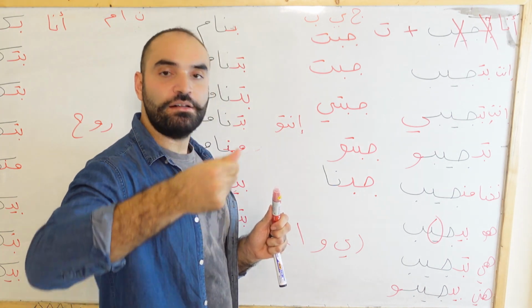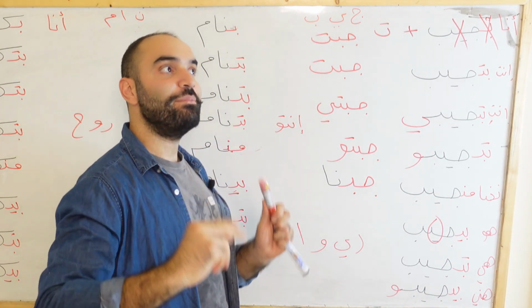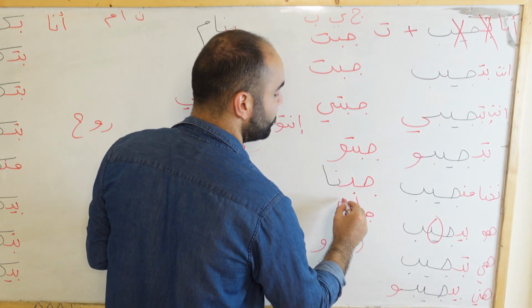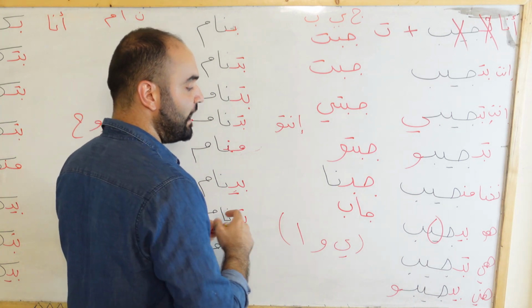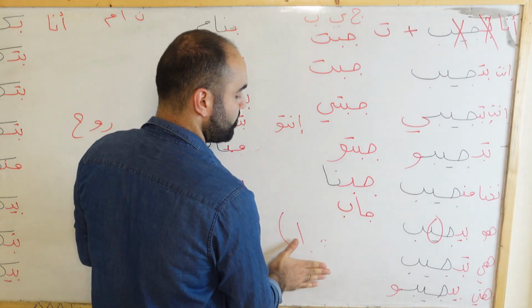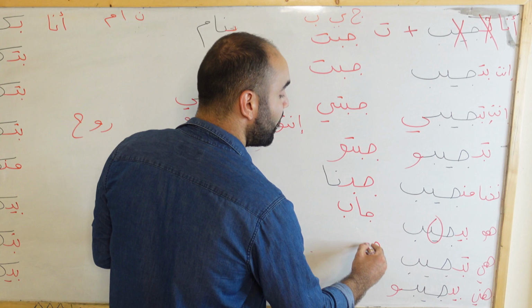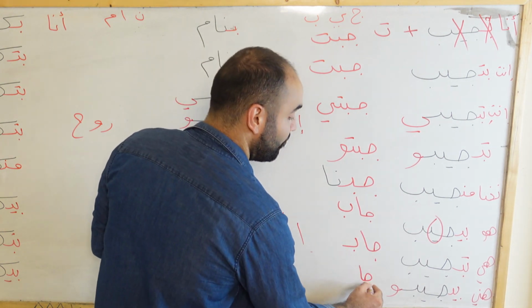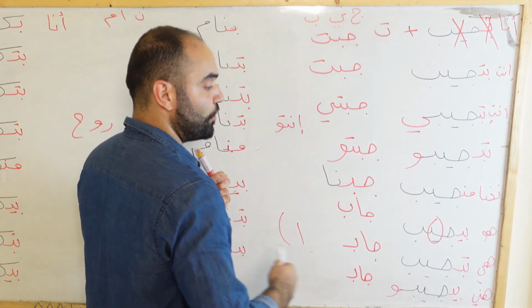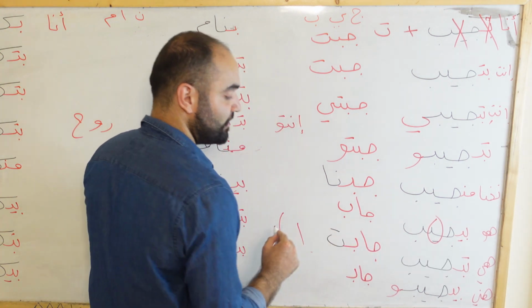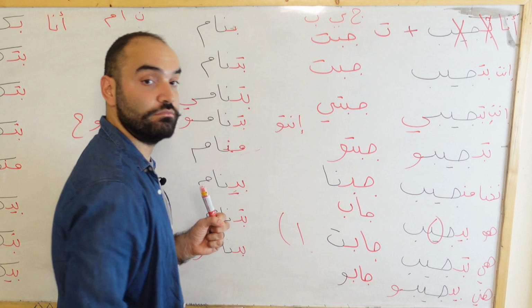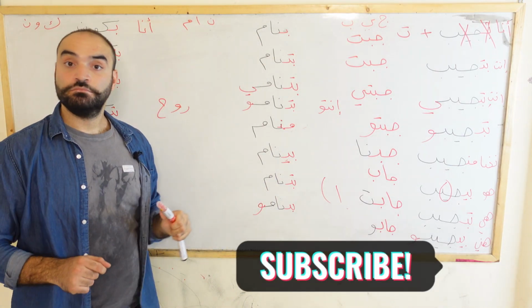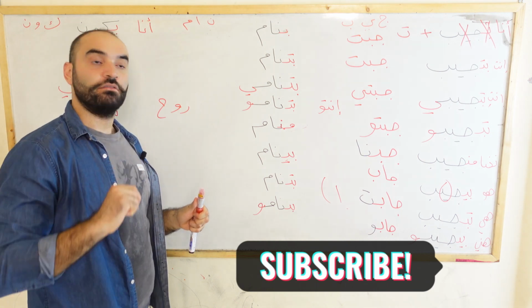The vowel letter E or O becomes A. جيب, جاب. For هي, جابت. For هني, جابوا. Okay?